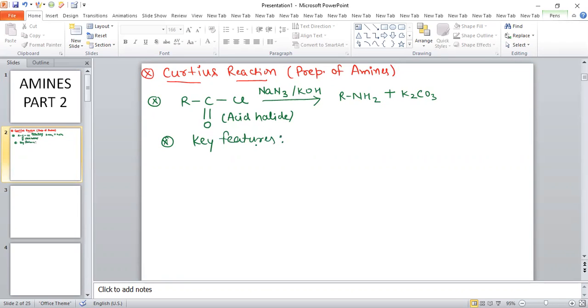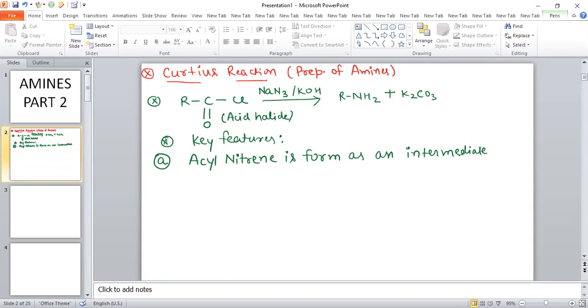One of the key features is that acyl nitrene is formed as an intermediate in this reaction.